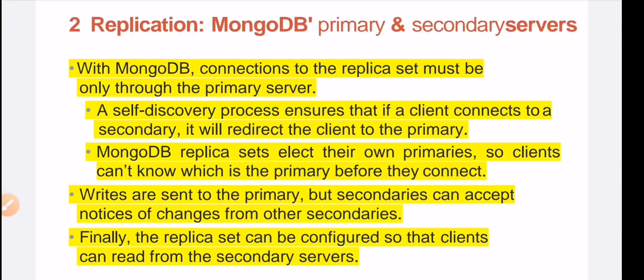Mongo database replica sets elect their own primaries, so the client can't know which is the primary before they connect. This is what I said: the client sends to any server, and that server, which could be a slave, redirects the request to the primary.